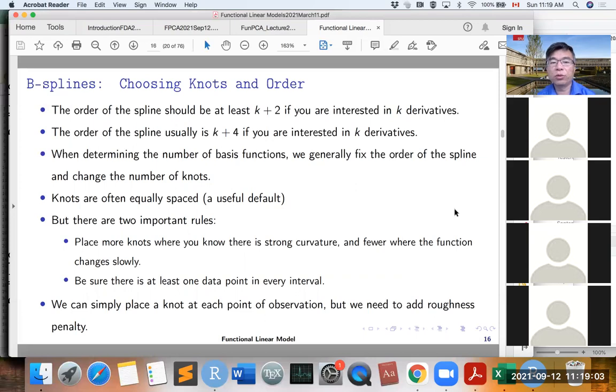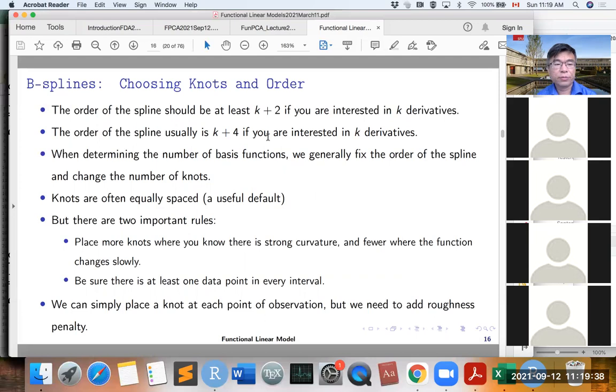If you just want to estimate the function itself, you will choose the cubic B-splines. If you are interested in the first derivative, you will choose order 5 B-splines. So if you're interested in k derivatives, you will choose the order of the spline to be k plus 4.